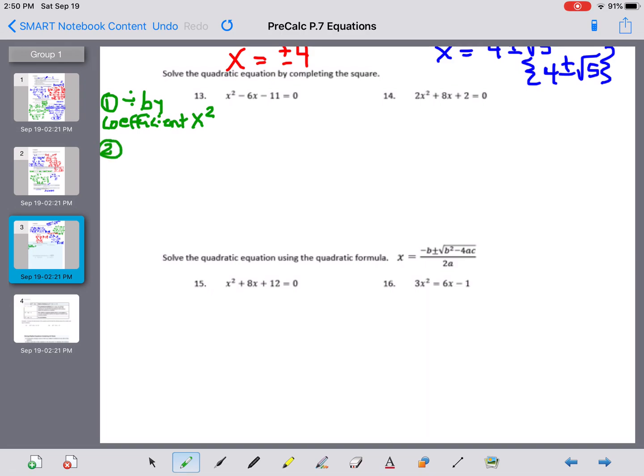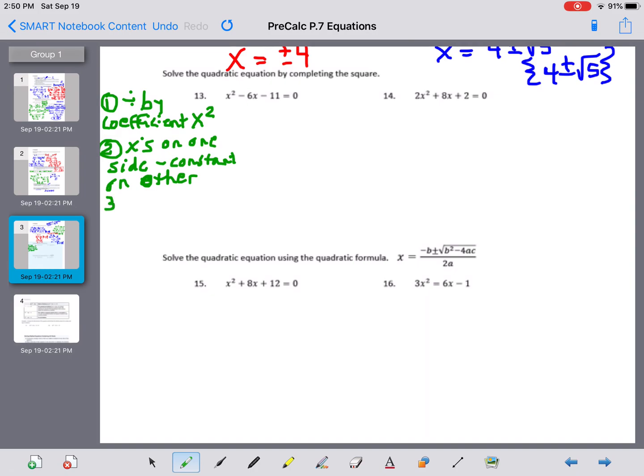Step 2, we're going to get x's on one side, constants on the other. Remember, these are equations we're working with right now, so this process would alter slightly if we were working with just an expression, which we will do later on. So just know that this is specific to the equation.